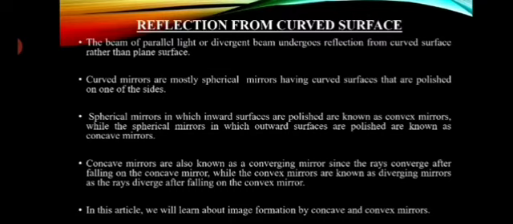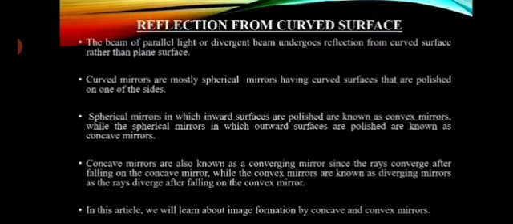Go through the previous lecture, where I told you about concave and convex lenses, which are exactly opposite to concave and convex mirrors. In the lens part, the convex lens is considered the converging lens, whereas in mirrors, the concave mirror is considered the converging mirror.